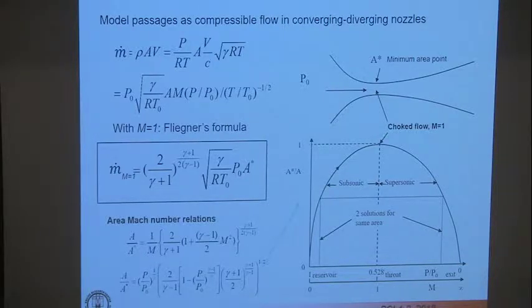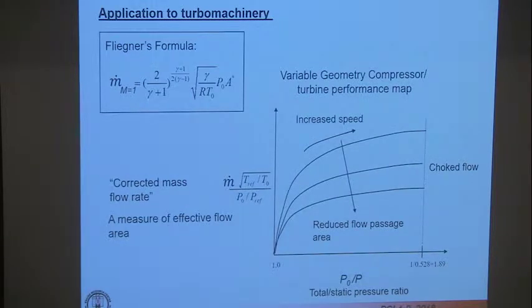But for turbochargers and turbocharging equipment, Fleetness formula, which relates the mass flow to the pressure and the cross-sectional area, is used as a normalization. So here it is. What you'll see when you look at a variable geometry compressor or turbine performance map, for instance, is the corrected mass flow rate, which is the mass flow rate through the turbine or turbocharging equipment that has been normalized by some reference temperature and the stagnation temperature, and the pressure and some reference pressure.